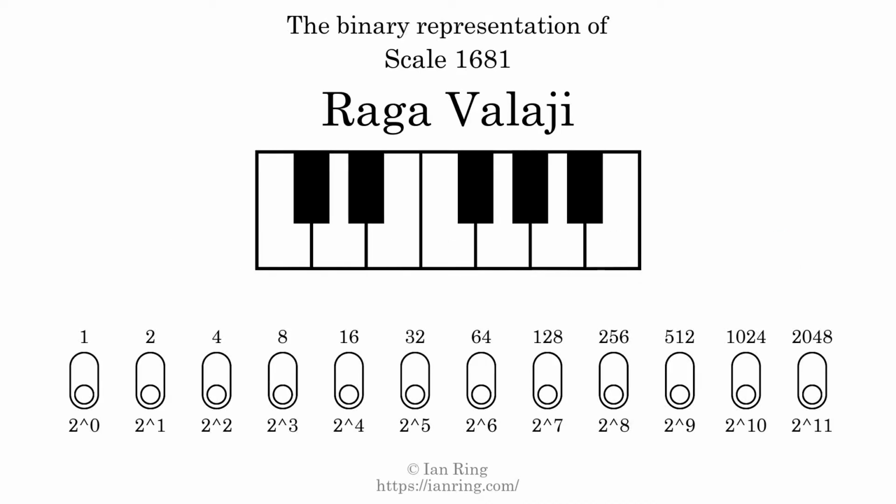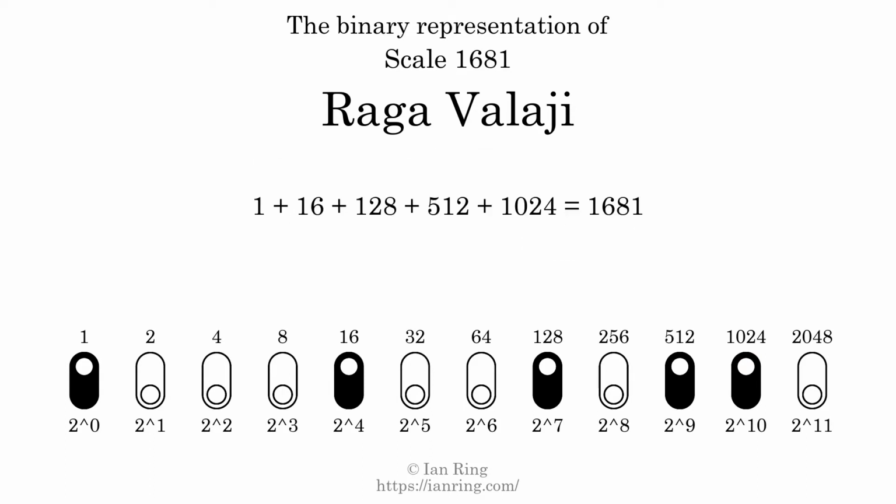The binary representation of this scale is determined by mapping tones of the scale to binary digits. Each binary digit represents a power of 2. To get the scale number, we add the powers of 2 together. The powers of 2 that are present in the scale, all added together, equals 1681.